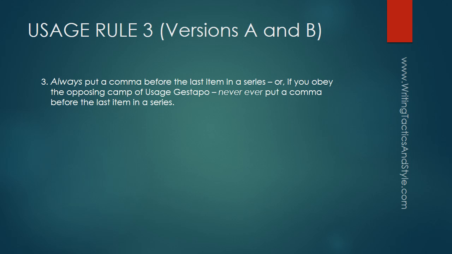This usage rule is quite different from the 2 previous ones in the sense that there's really no debate about most usage rules, including the 2 previous ones. But there are a very few usage rules like this one that tend to create some debate among some types of people.